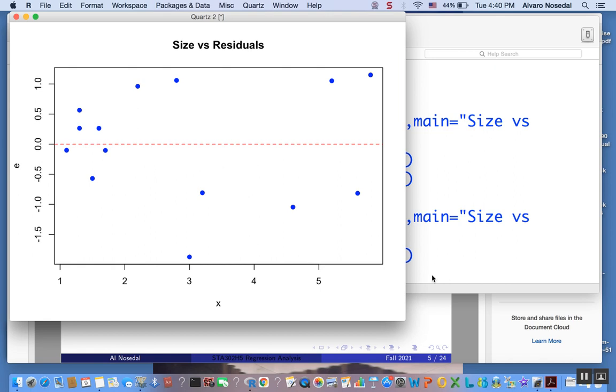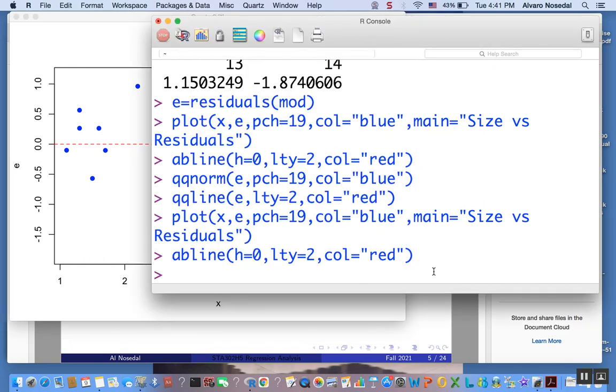So another way of assessing the equal variance assumption is plotting the residuals against the predicted values of y. So meaning residuals against y hat. Okay, so let's do that.